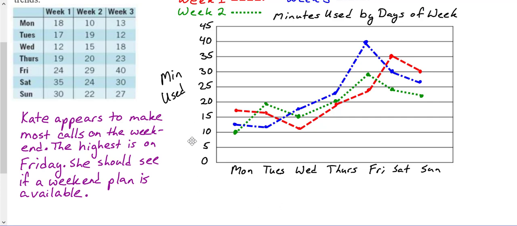But as you can clearly see by graphing the lines, it helps us to notice a trend of low usage at the beginning of the week, picking up to the highest point on Friday, and then coming down on Saturday and Sunday, but still higher than what she does Monday through Thursday.